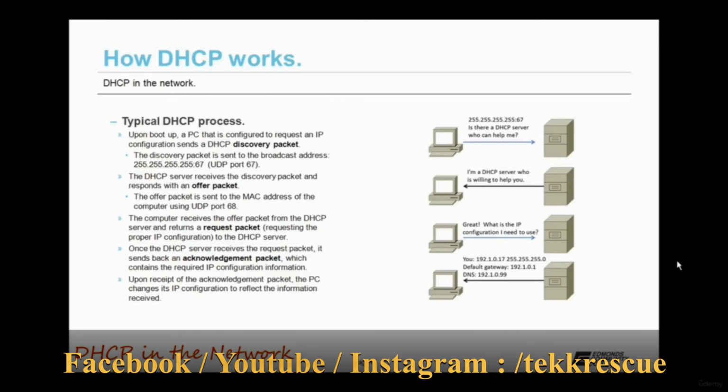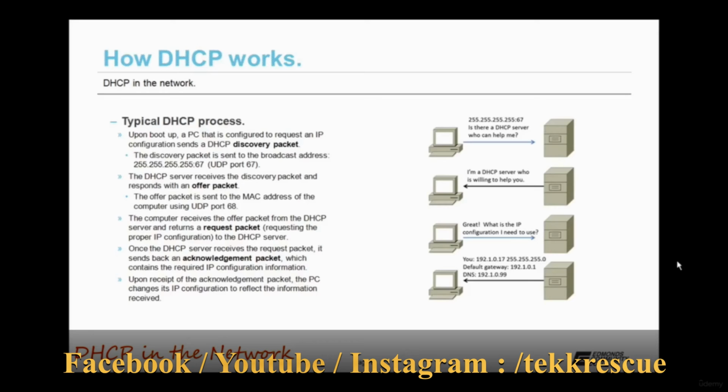Now, the offer packet is sent back to the MAC address of the computer requesting help, and it's sent on port 68. Once the computer receives that offer packet from the DHCP server, if it's going to use that DHCP server, it returns a request packet. That means it's requesting the proper IP configuration from that specific DHCP server. Once the DHCP server receives the request packet, it sends back an acknowledgement packet.